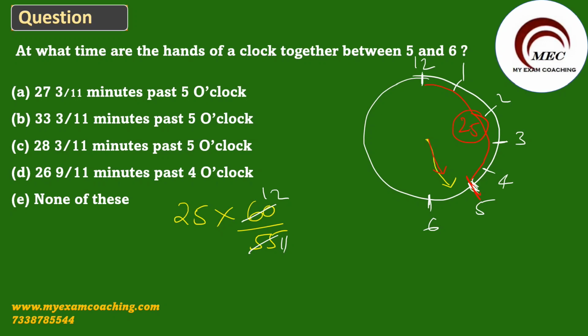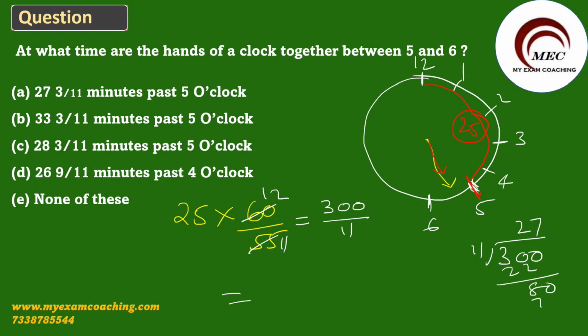Then 25 into 12 is 300. 300 divided by 11: 2 times. 2 11s are 22. Balance 8. 80 has 7 times, 7 11s are 77. Balance 3. So you got 27 3 by 11 minutes.